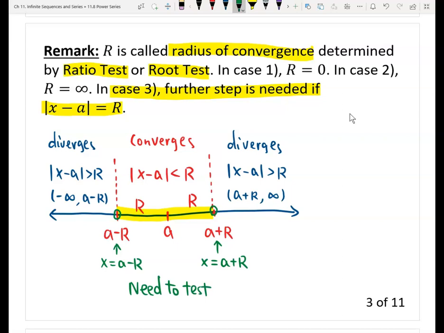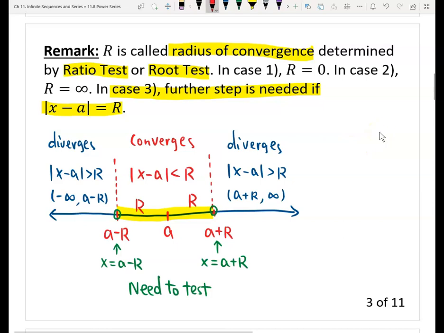And I give you another definition. So R is the radius of convergence, right? And this is an interval, the domain, however, we have different possibilities.